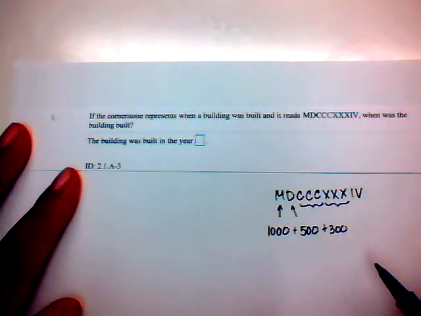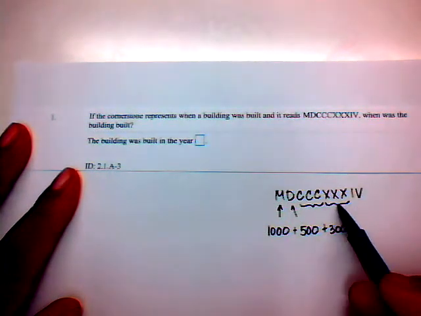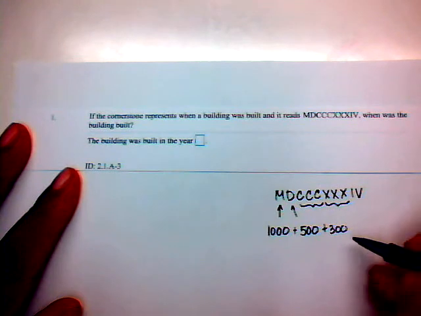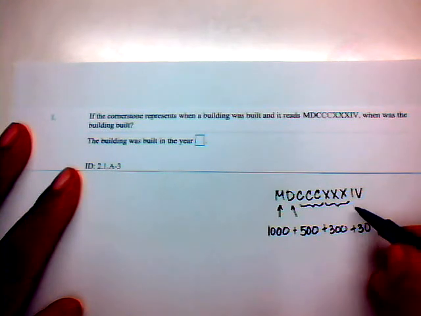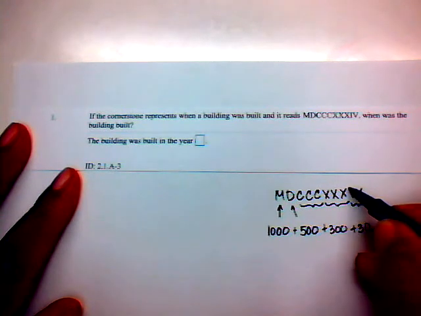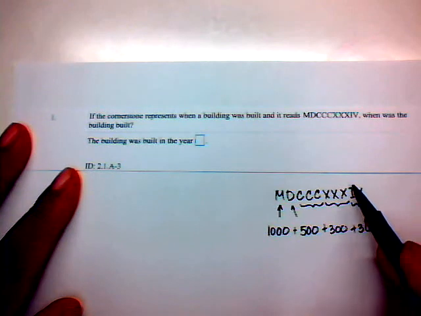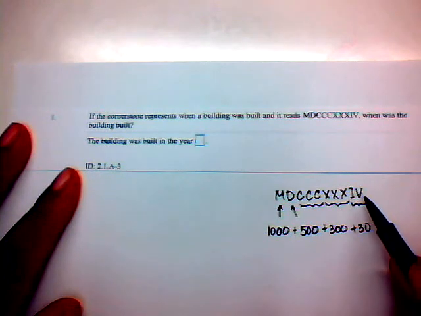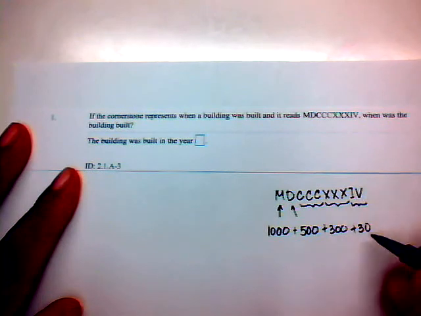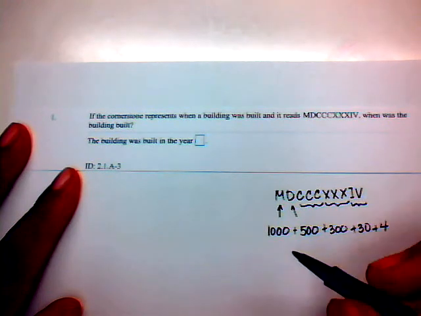The X represents 10, but there are 3 of them, so that's 10, 20, and 30. And IV, that's 1 less than 5. The V represents the 5. The I in front of it means 1 less than 5. So 1 less than 5 would actually be 4.